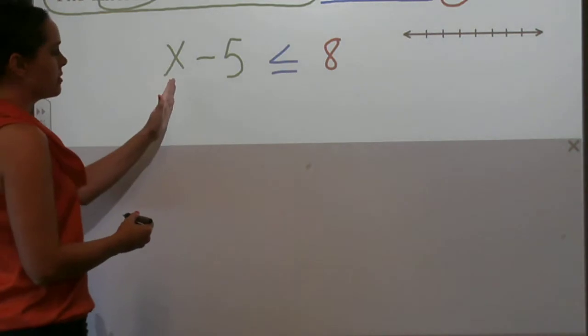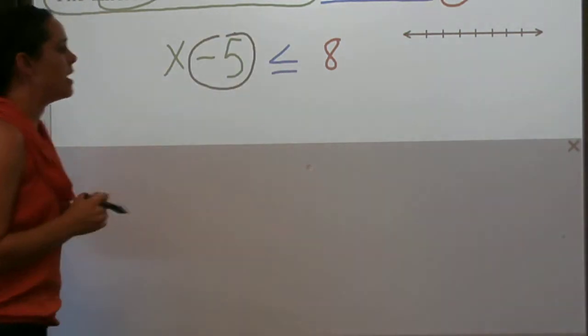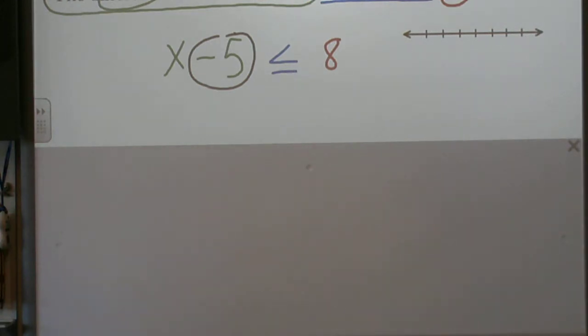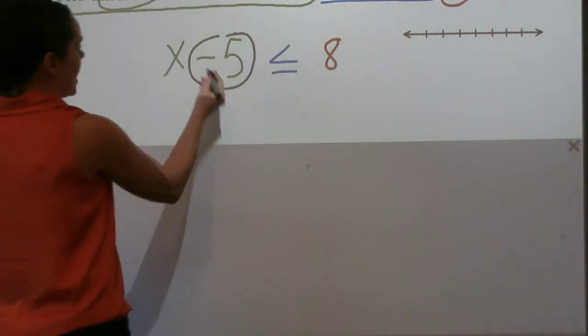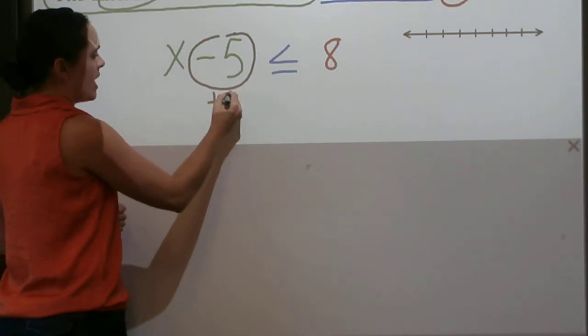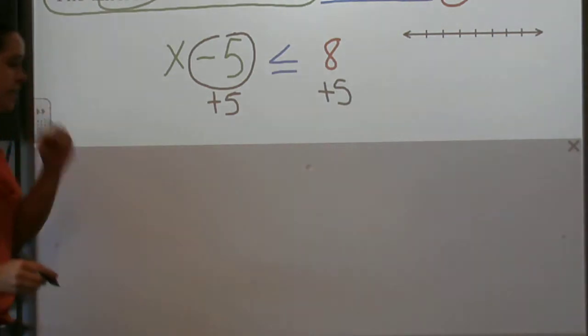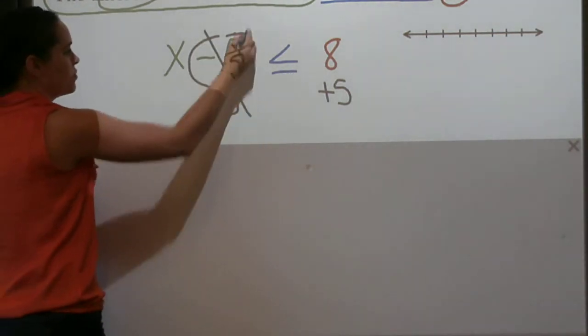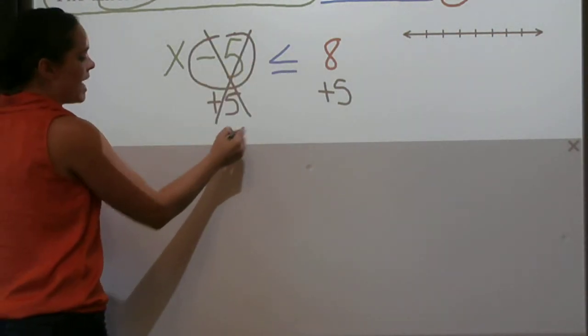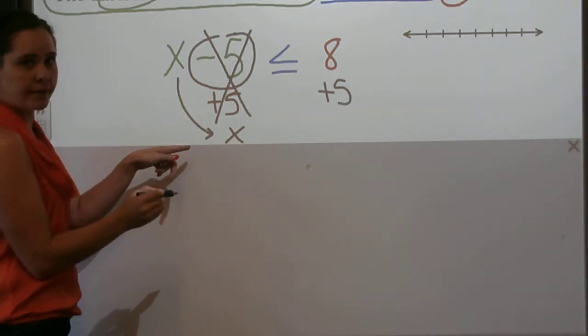I want to isolate my variable, and right now my variable is being subtracted or being decreased by 5. So what I want to do is, since I have minus 5, I use the inverse operation and I simply add 5 to both sides. Now what this does is it cancels out, leaving only the x on the left-hand side of the inequality symbol.